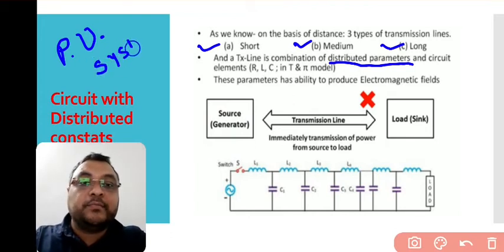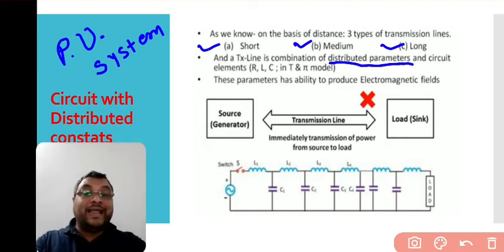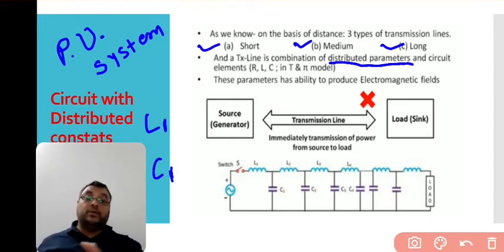That is the per unit system, which is established for the convenience of better calculation of the power system parameters. So distributed parameter means that for the per unit length, the value of inductance is L1 and the value of capacitance is C1, throughout the transmission line. That is known as the distributed parameters.